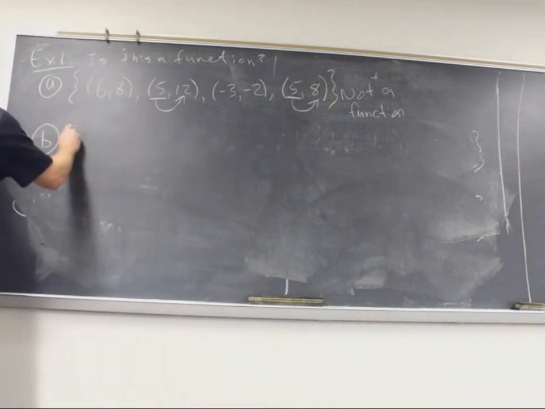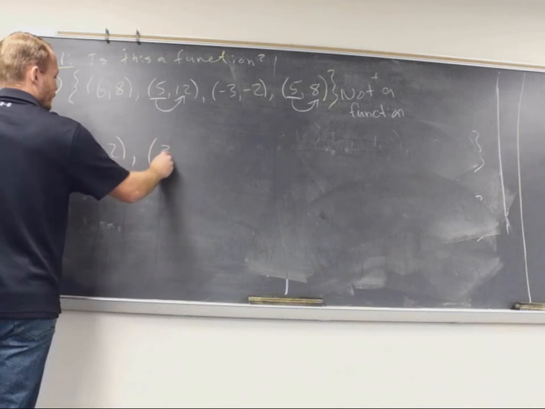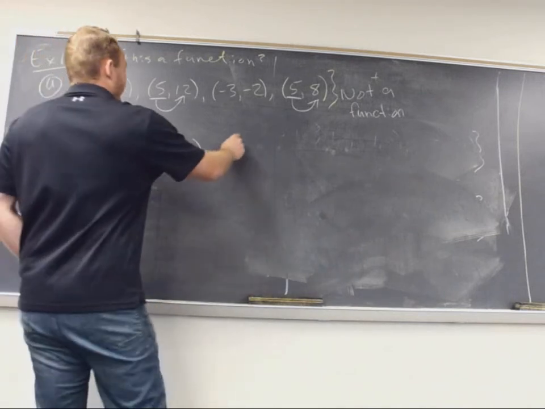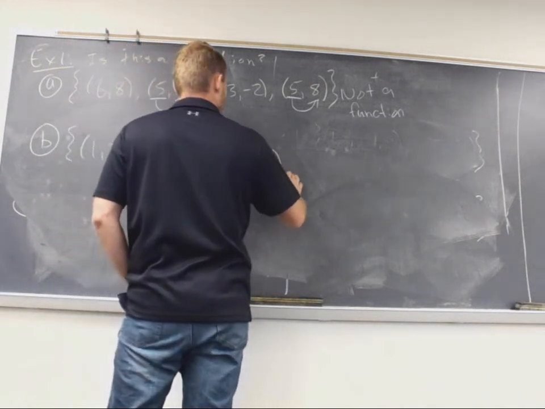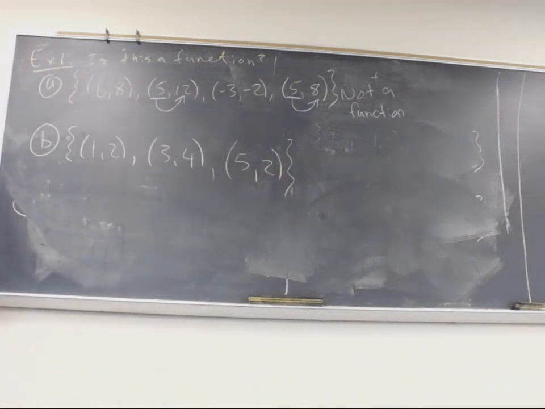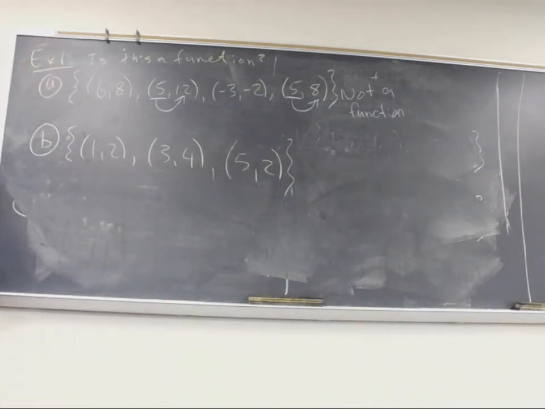Let's look at another. B. 1, 2, 3, 4, 5 comma 2, and we'll just leave it at that. So is this a function? Well, do any of your x values repeat? No, they don't. So that would make it a function.